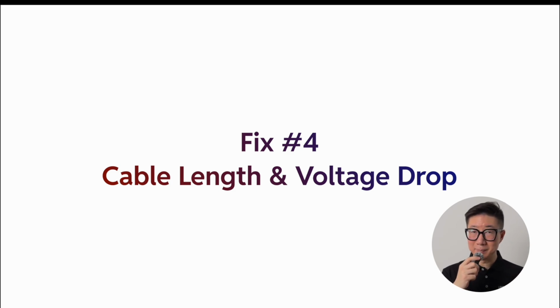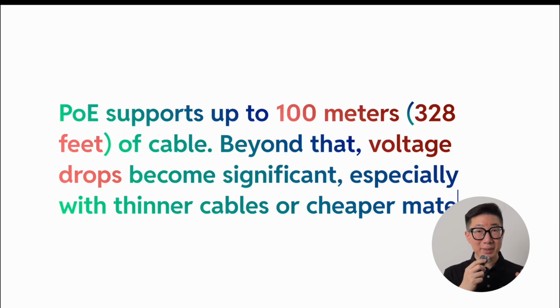Now, here's one that catches a lot of people off guard. The Ethernet cable itself. PoE supports up to 100 meters, 328 feet of cable. Beyond that, voltage drop becomes significant. Example, you've got a camera at the end of a 150 meter run. The switch is sending 48 volts, but due to the resistance, the camera only sees 36 volts.